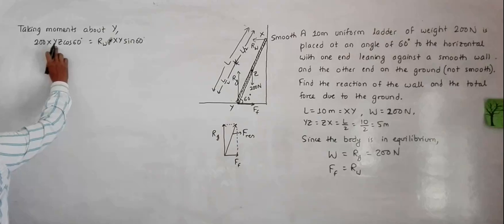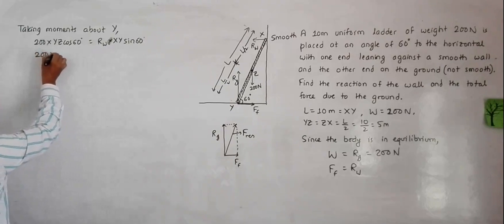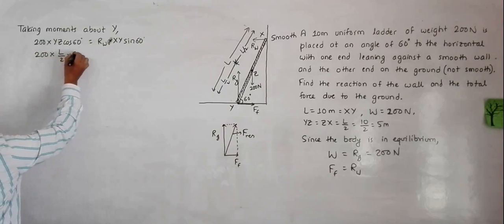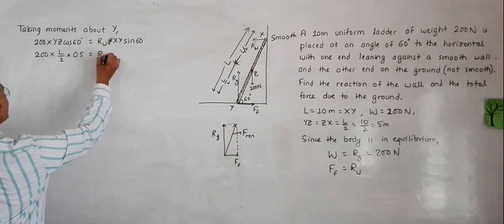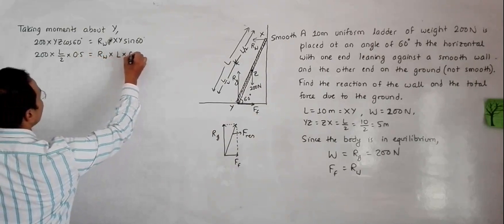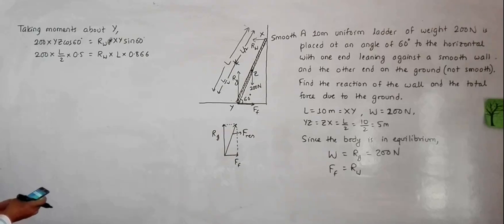So this is L by 2, this is L. So 200 into yz, which is L by 2, into 0.5 should be equal to Rw into L into 0.866.